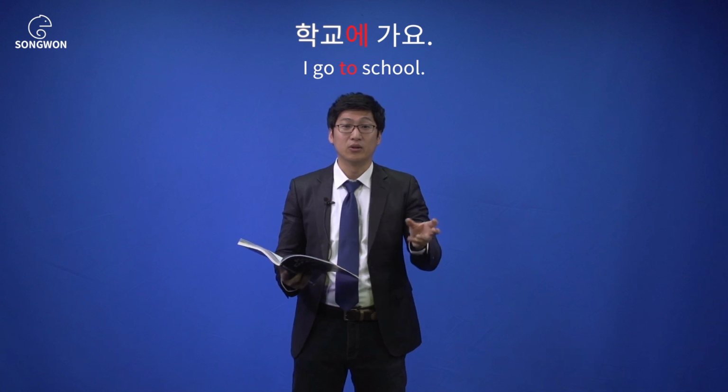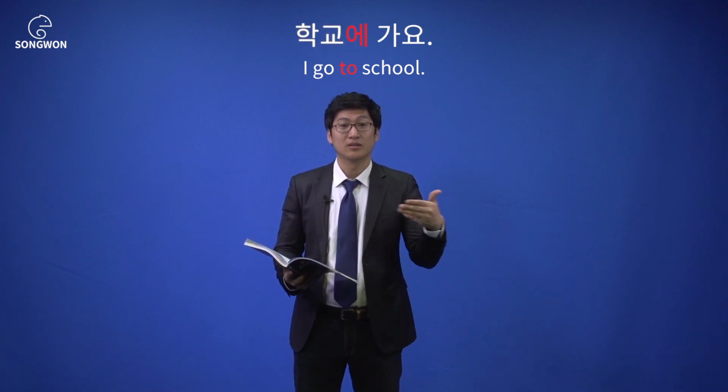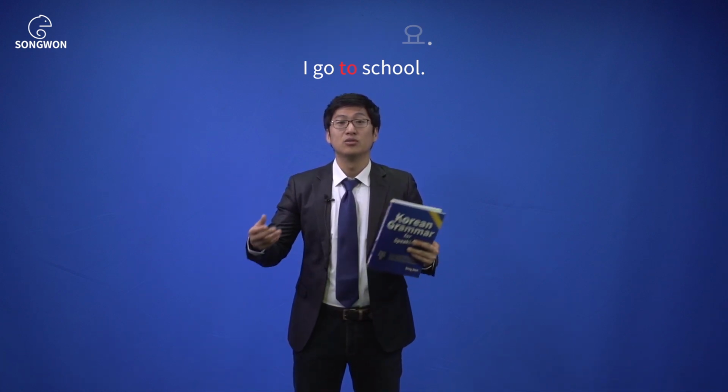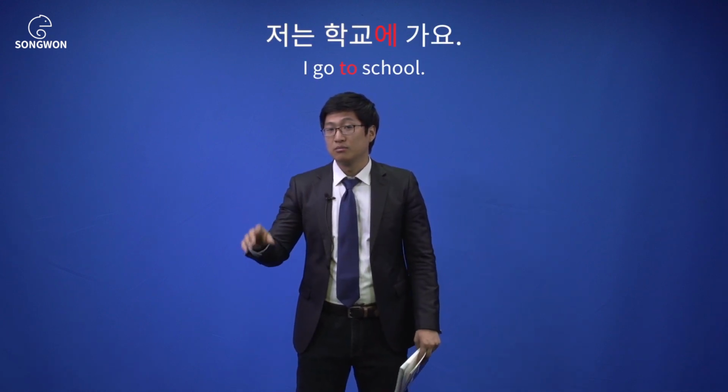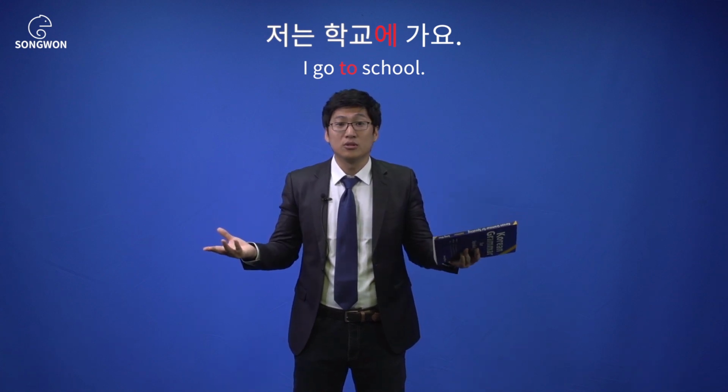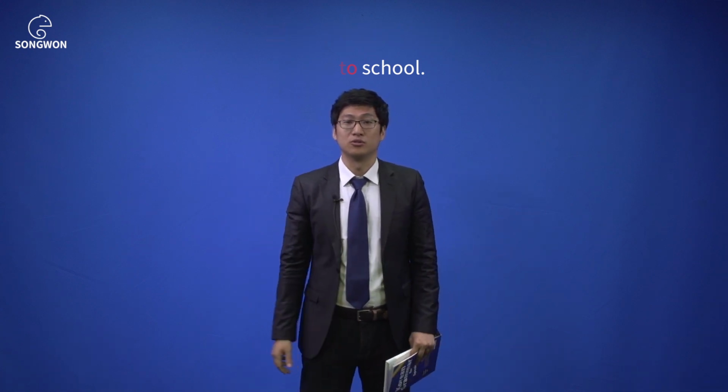학교 가요. Right? 학교에 가요. I go to school. 학교에 가요. Okay. So who goes to school? 제가 학교에 가요. Right. Normal sentence is 저는 학교에 가요. But I asked like, all right, who goes to school? Oh, I do go to school.